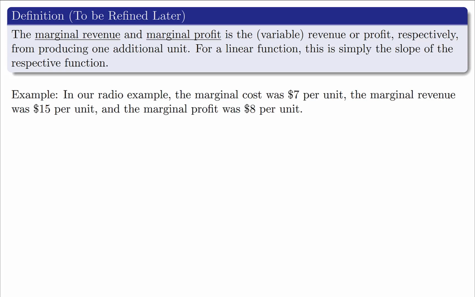That's how much it cost them to make the radio. The marginal revenue was $15 per unit. That's how much they were selling the radios for. And then the marginal profit was $8 per unit, which is how much money they were making for each radio they sold. And by the way, it is true that the marginal profit can be found by taking the marginal revenue minus the marginal cost.